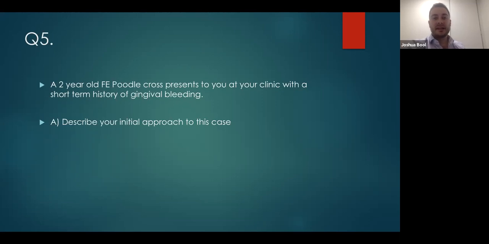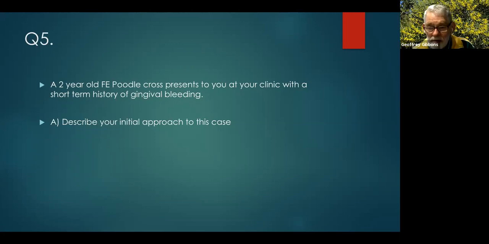Then we can send off for more specific infectious disease testing, so things like leptospira PCRs and also Ehrlichia PCR, and also maybe serology at the same time for both. Yeah. Does the dog have a temperature? It does.